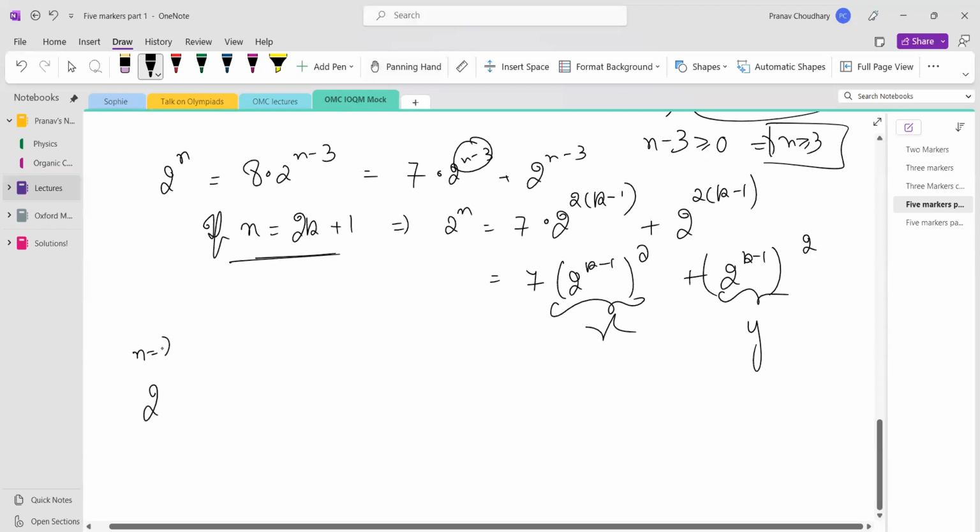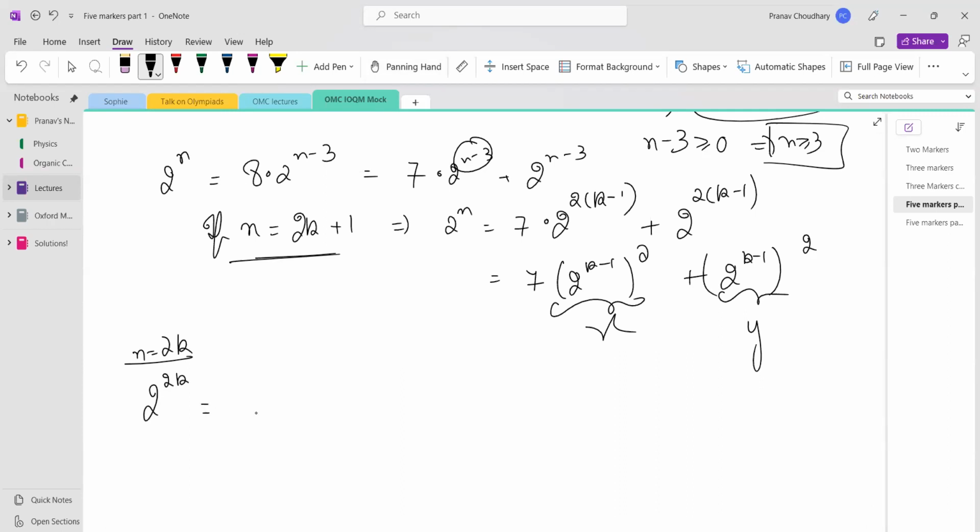n equals 2k. So 2 to the power 2k equals, see, this 8 idea will not work anymore because this worked for odd n. So let's try to take something higher than that. Let's say 16 times 2 to the power n minus 4, which will be 2k minus 4.